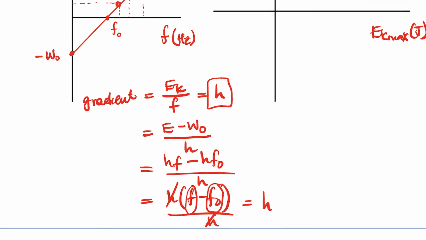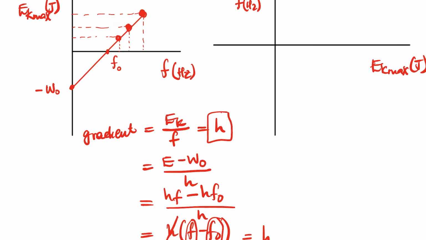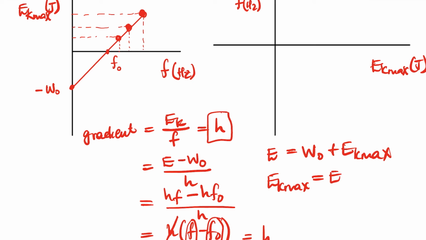Now we can derive the formula from that formula that says energy is equal to the work function plus the EK max. Since our y-axis is the kinetic energy, we'll make the kinetic energy our y, which is the subject of the formula. So it's going to be E minus W0, right?